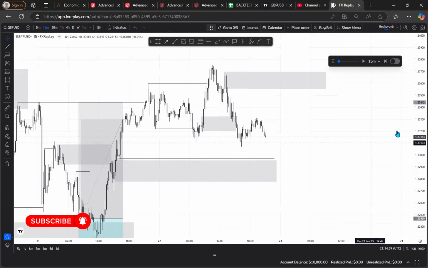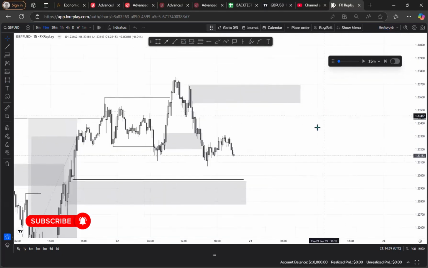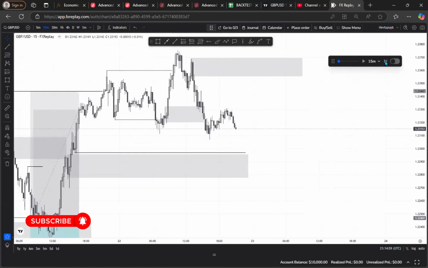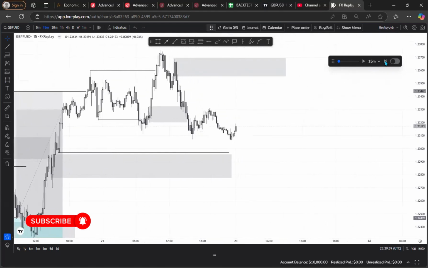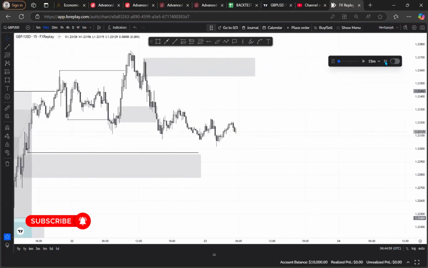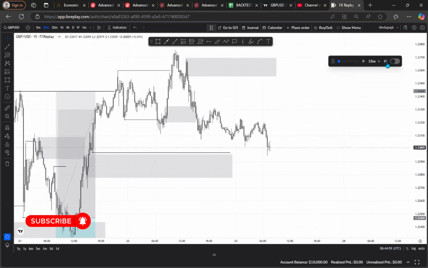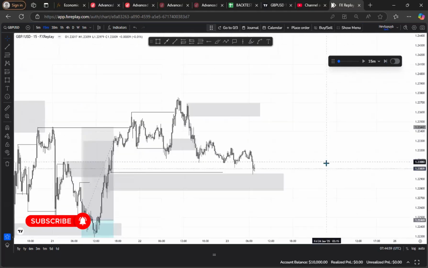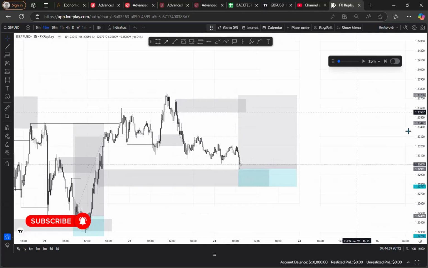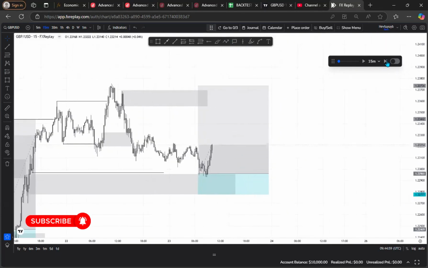I did not take this. I missed this, and I was able to learn my lesson from that. So price on Thursday eventually came to this area, but I'm taking that to be 1:4.